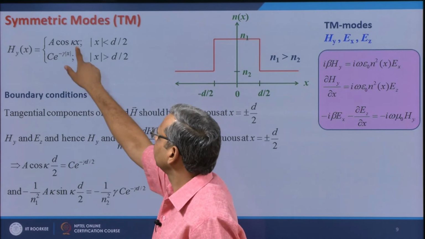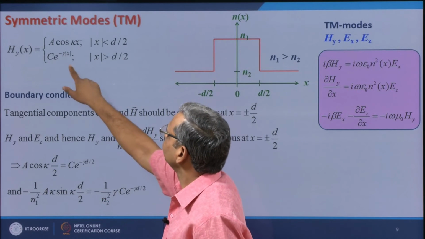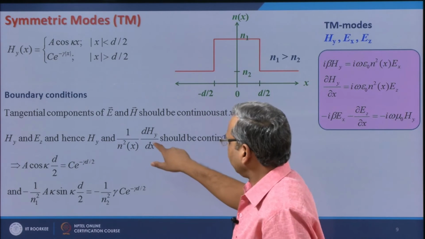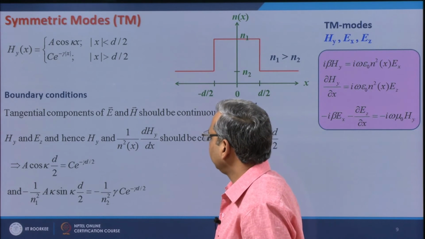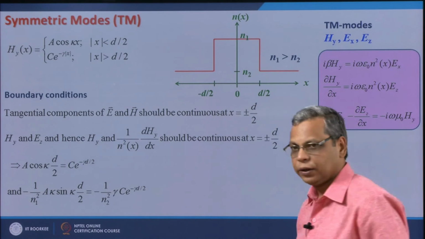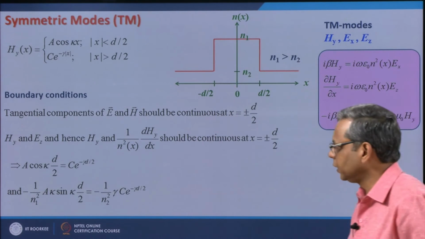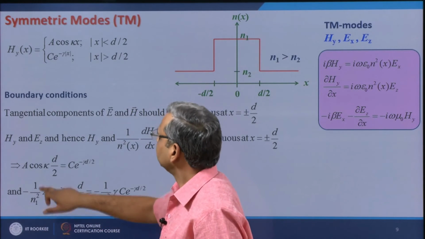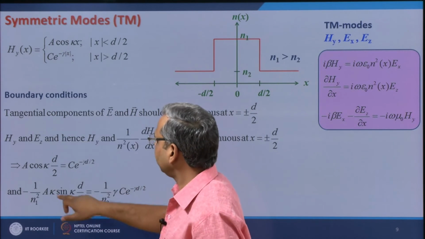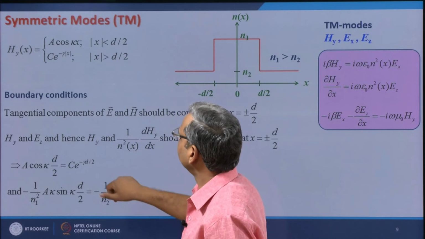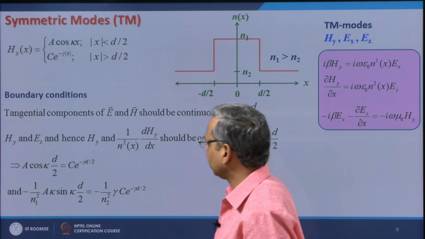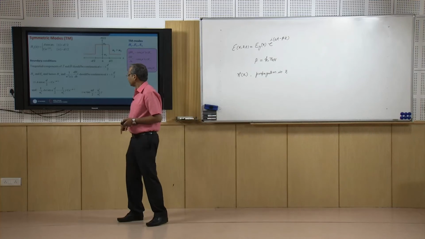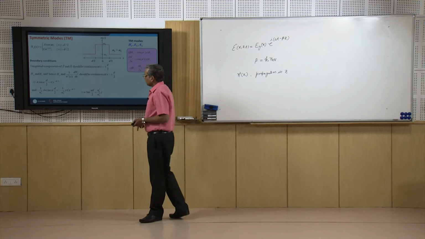So, a cosine kappa d by 2 is equal to c e to the power minus gamma d by 2. Then I apply that 1 over n square dHy over dx should be continuous at x is equal to plus d by 2. On this side I have 1 over n1 square times minus a sine kappa d by 2, equal to minus 1 over n2 square gamma c e to the power minus gamma d by 2. So, this gives me the transcendental equation.